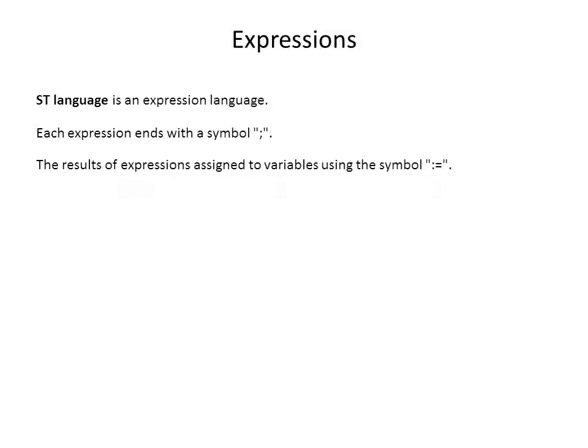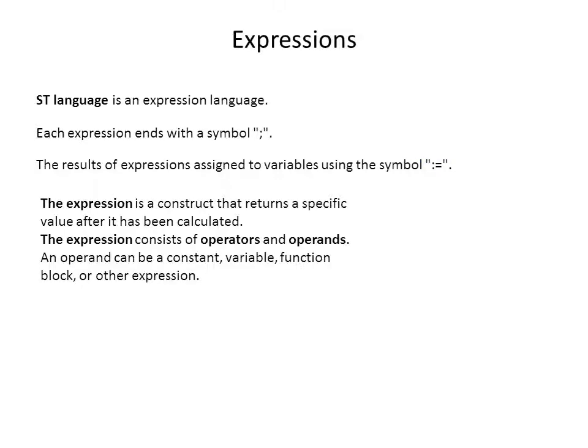The result of expressions is assigned to variables using this symbol, as you see. An expression is a construct that returns a specific value after it has been calculated, and the next rule is that an expression consists of operators and operands.